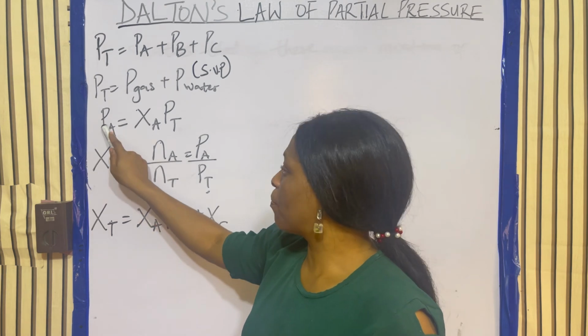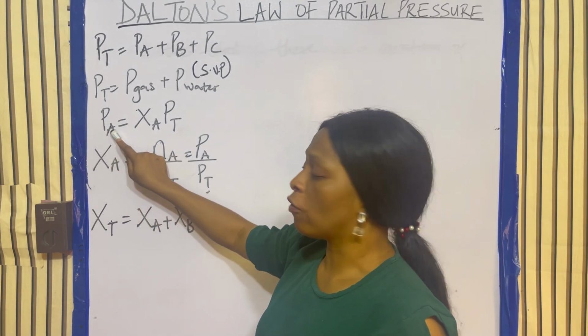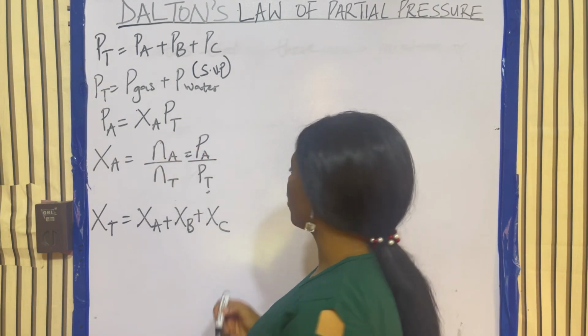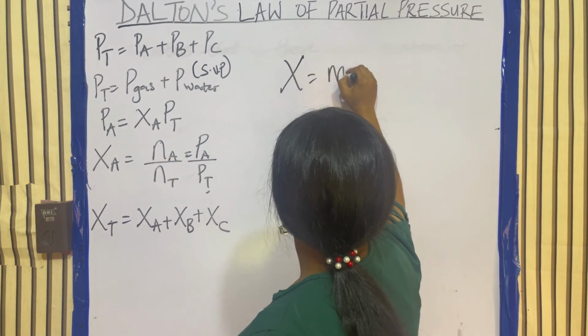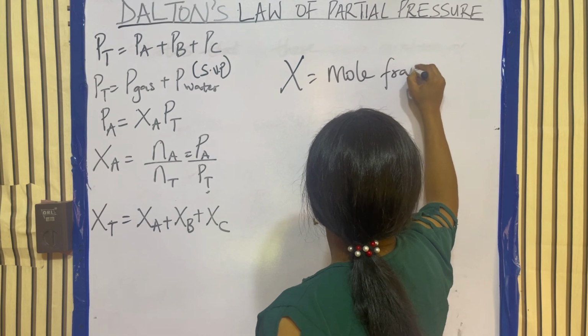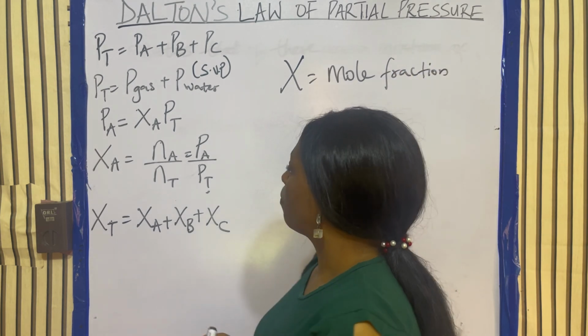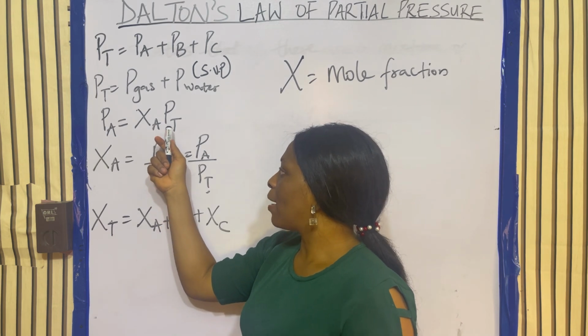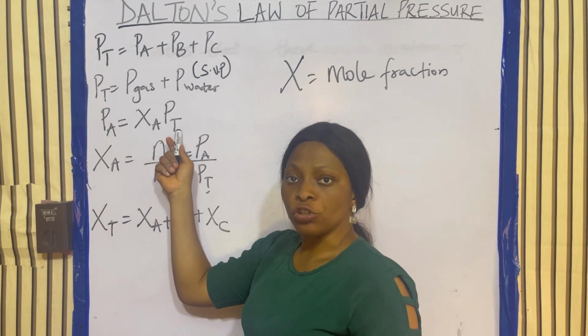Then you have here PA, that's partial pressure. Partial pressure of A is equal to mole fraction of A, where X means mole fraction, multiplied by total pressure.